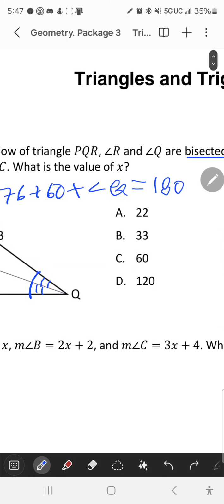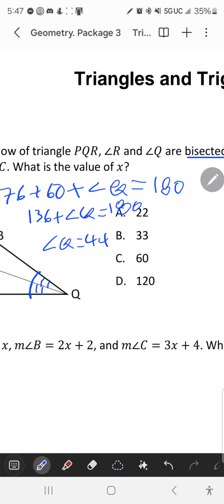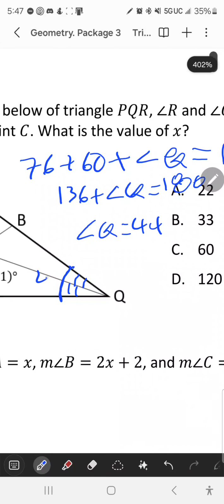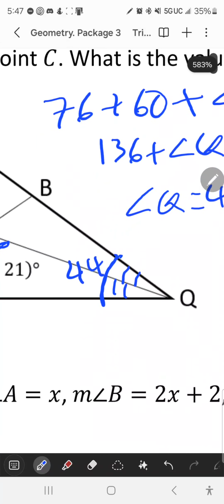So 76 plus 60 is 136, plus Q equals 180. So when I subtract 136 from both sides, I get that angle Q equals 44. So this whole angle is equal to 44.